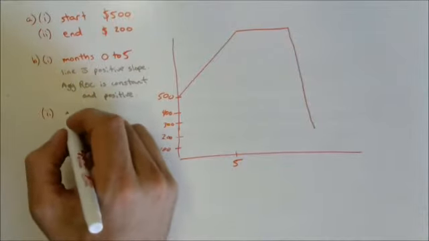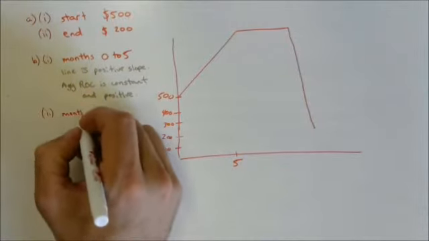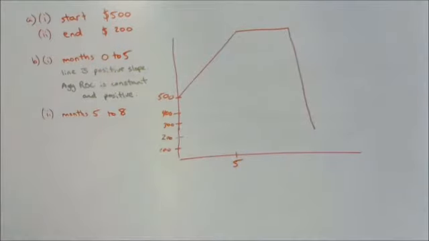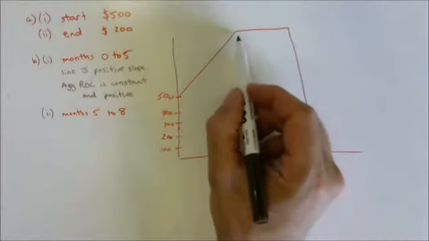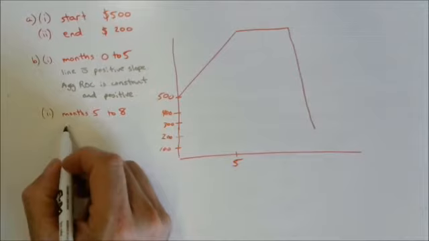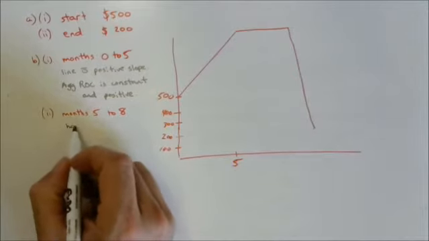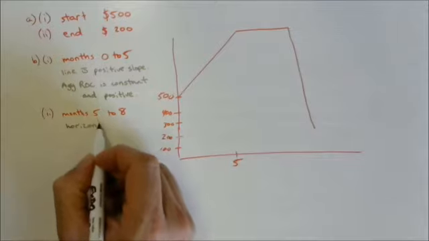We're going to look at the months 5 to 8. And what's happening? Literally nothing. Rate of change is 0/3, so just 0. Looking at the graph, it's a horizontal line.